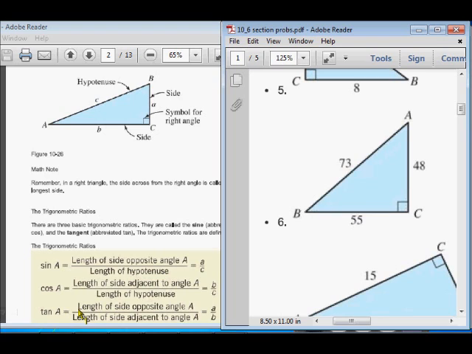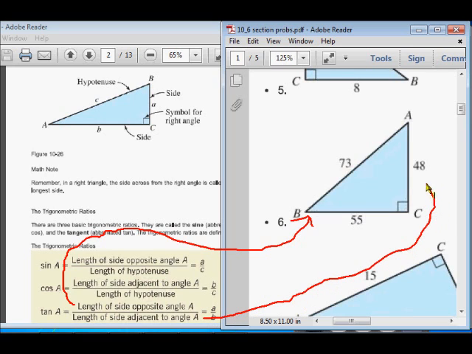So here we're going to use the definition, and this is the opposite of angle A, and this is the side opposite. And we don't use the hypotenuse on this one at all. We use the side right next to angle A.